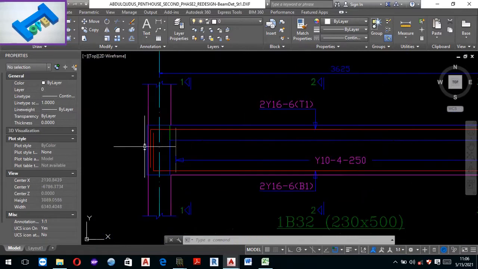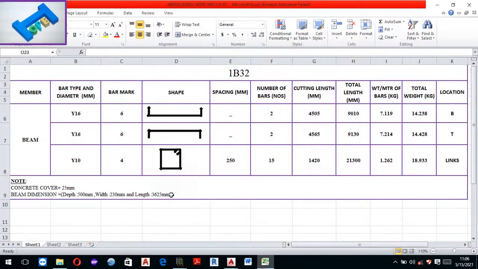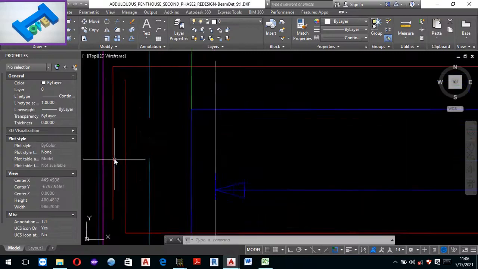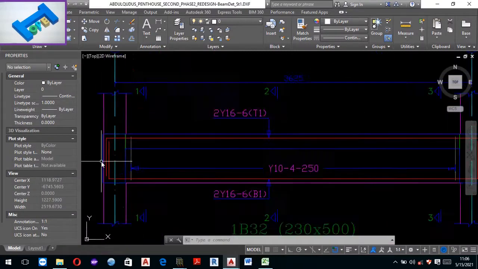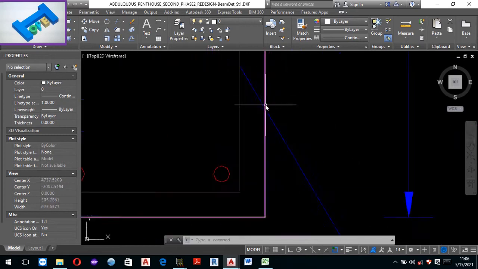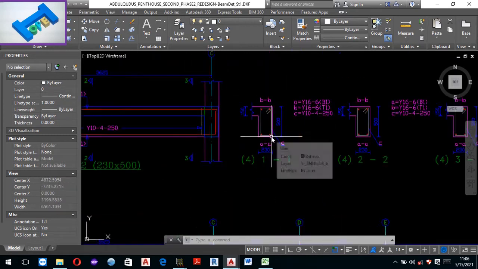Deducting 25 millimeter concrete cover from the two sides of the length of the beam, whereby we have 25 millimeters here, 25 millimeter as the concrete cover, which is 50 millimeters.